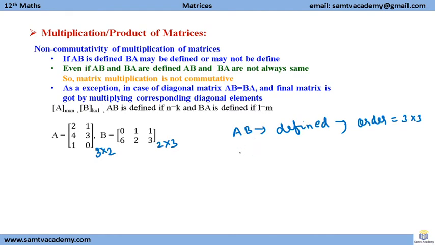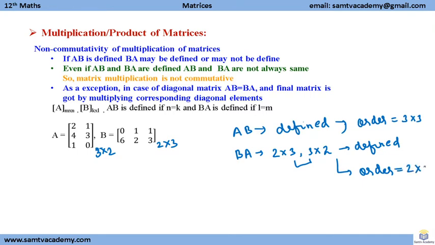If we take BA, B is 2 by 3 and A is 3 by 2, so it is defined and its order will be 2 by 2. So both multiplications are possible, but they are not the same.